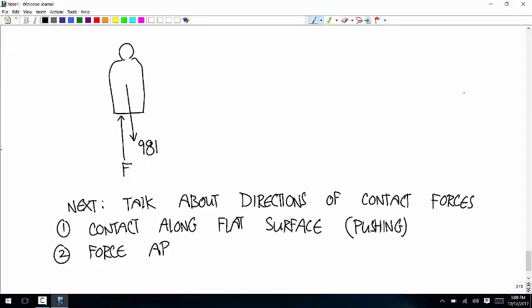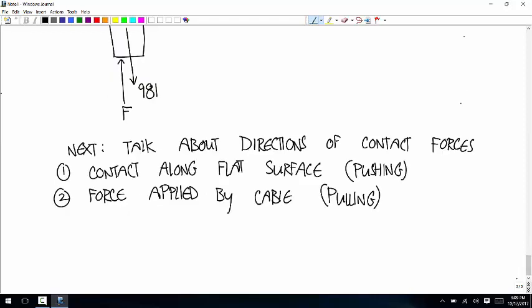So force applied by a cable. And I'll call that one pulling. And then the last one is friction. And that's when objects are sliding.